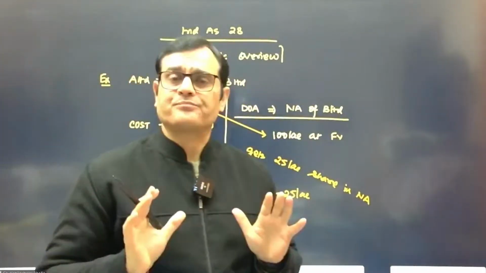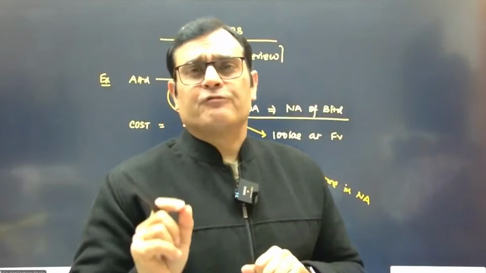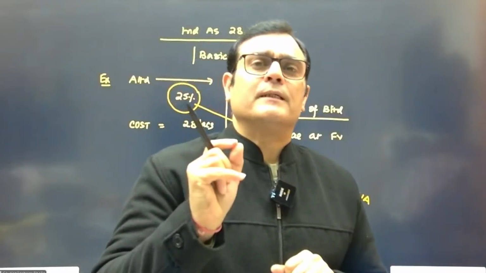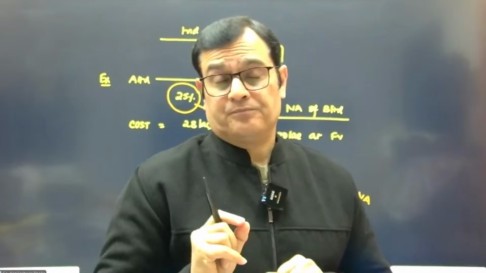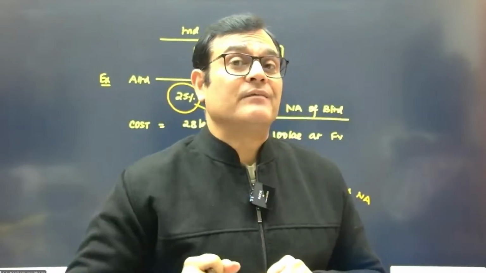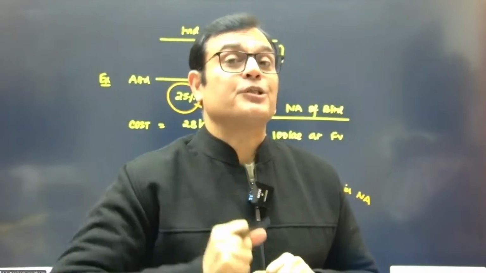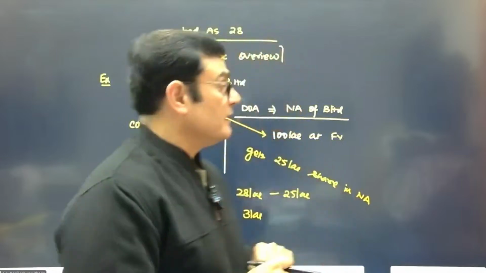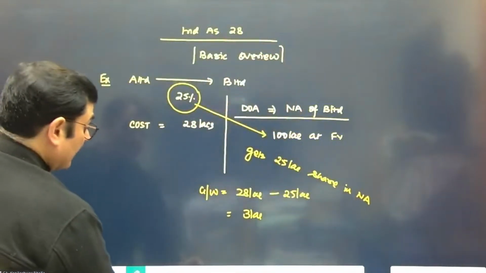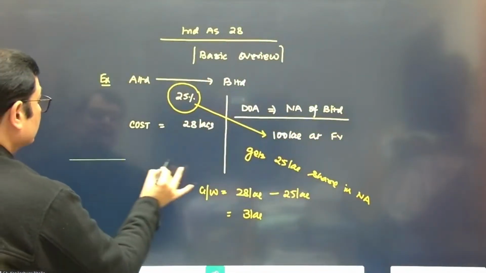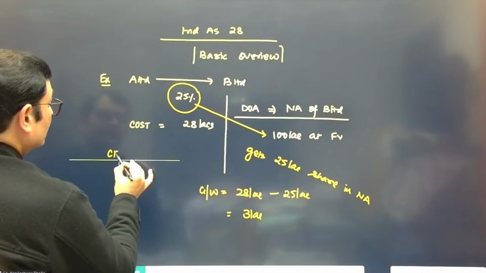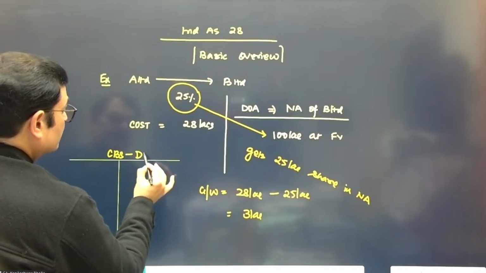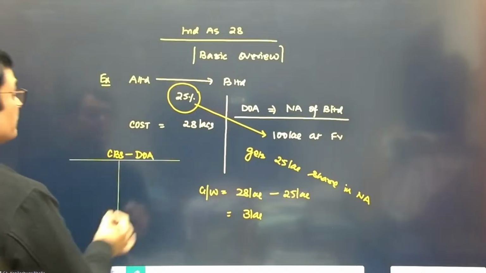Simple and straight. Now let's say if I tell A Limited to make a consolidated balance sheet on this date. Because when A gets a significant influence over the company, he is required to make a consolidated balance sheet. So let's say A Limited makes a consolidated balance sheet on the date of acquisition.